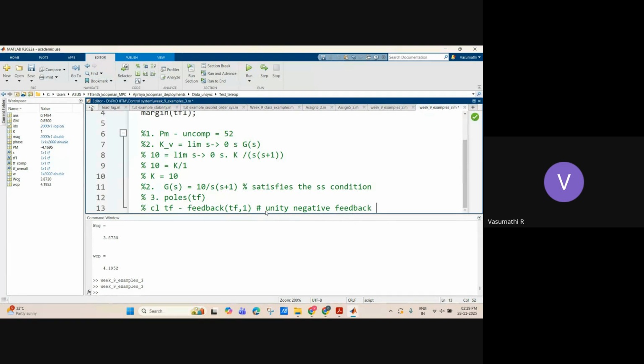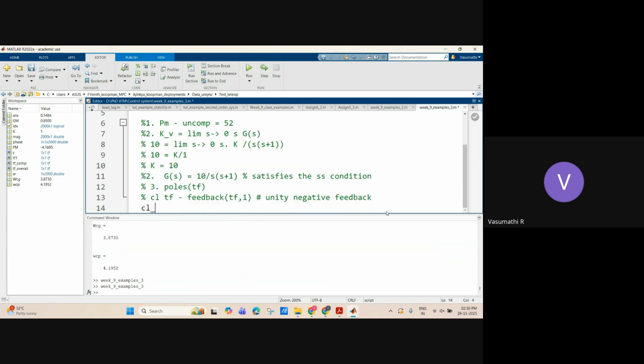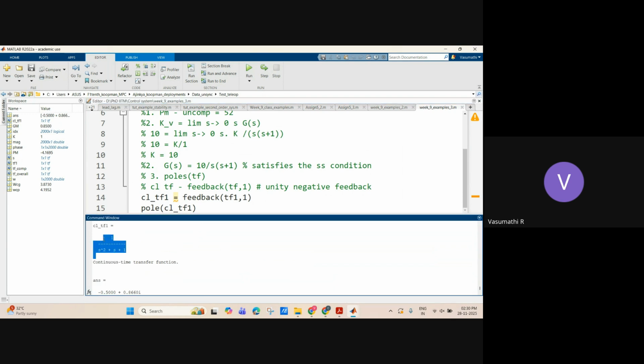Now I have mentioned my system is TF1, right? So closed loop TF1 is equal to feedback(TF1, 1). Then the poles of closed loop TF1. Okay, this is your closed loop transfer function. It's 1 by s square plus s plus 1.